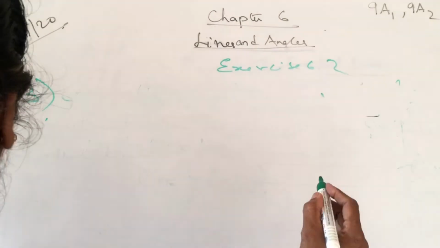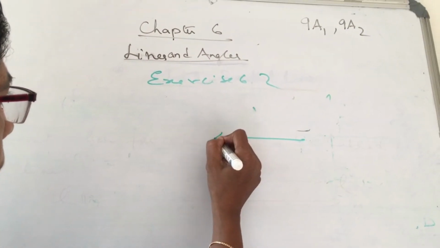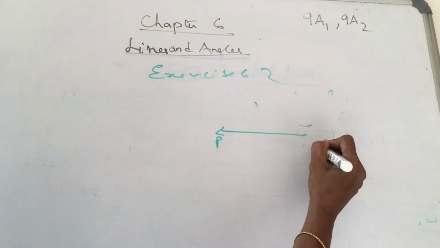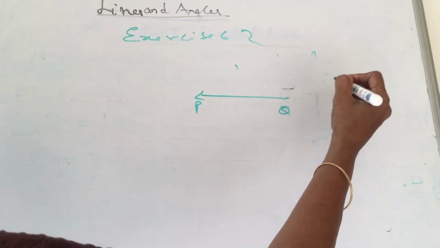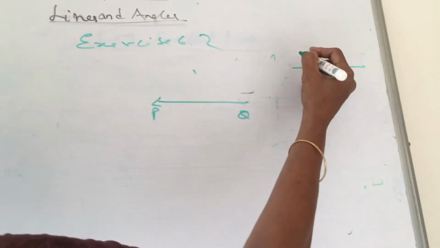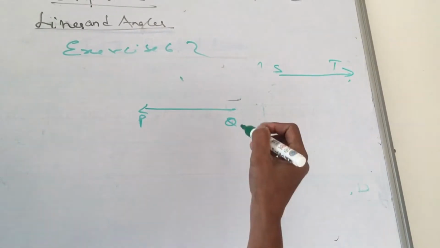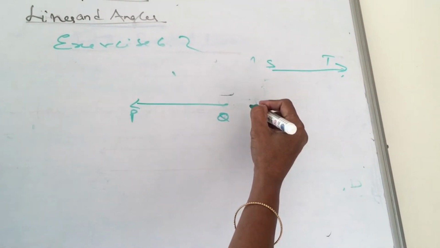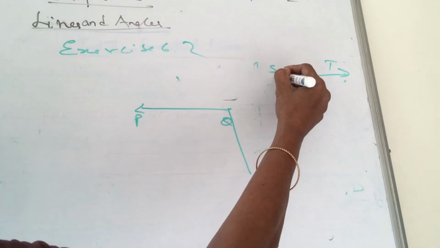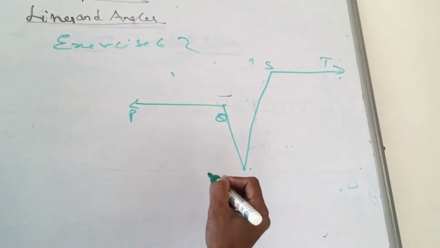Third question. PQ is parallel to ST. Yes, your figure, use the ruler.